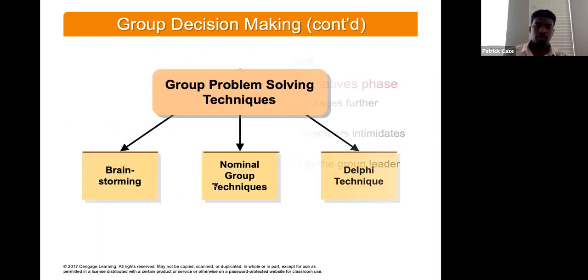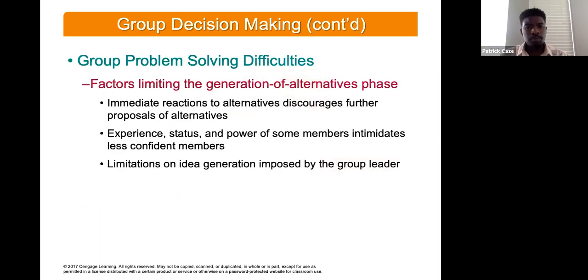Okay. So, some problem solving difficulties, right? Factors limiting the generation of alternatives phase. Some reactions to the alternatives, right?